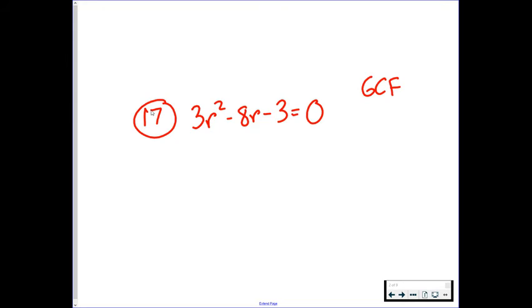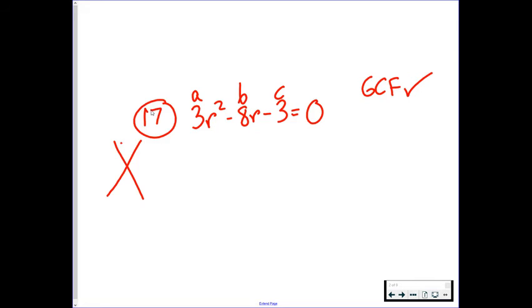But there's no greatest common factor because the terms do not share an r, and the a, b, and c here, the 3, 8, and 3, don't have any other common factors besides 1. So GCF we checked, there was none. There are 3 terms, which means we're going to factor this, kind of like we've done the previous problem.